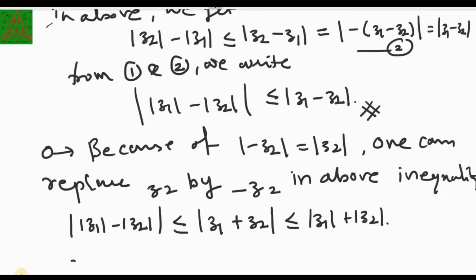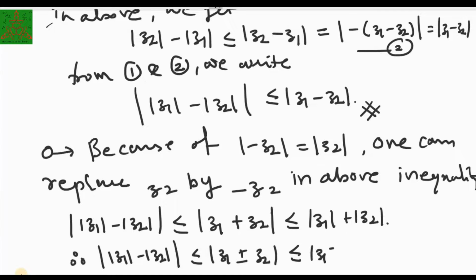So combining both statements, mode z1 minus mode z2 is less than or equal to mode of z1 plus or minus z2, which is less than or equal to mode z1 plus mode z2. This is true for any complex numbers z1 and z2.